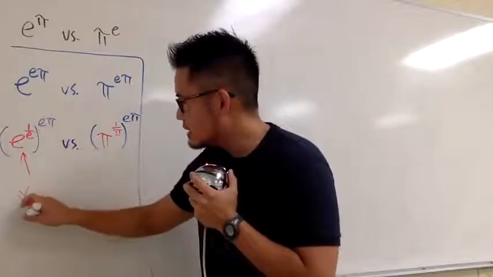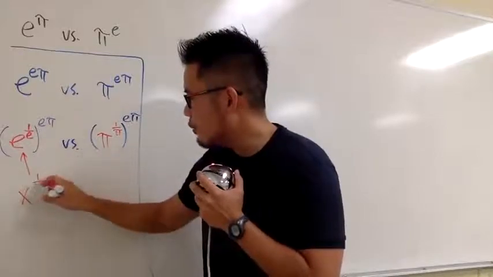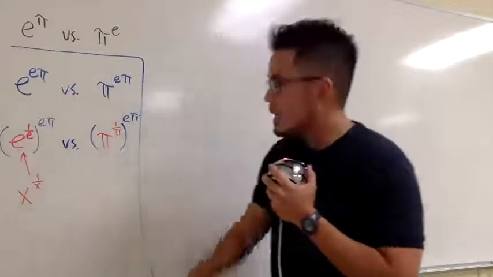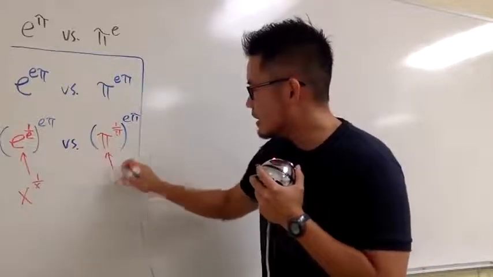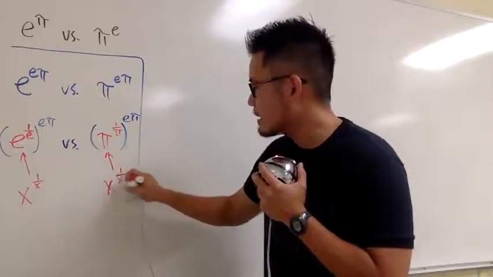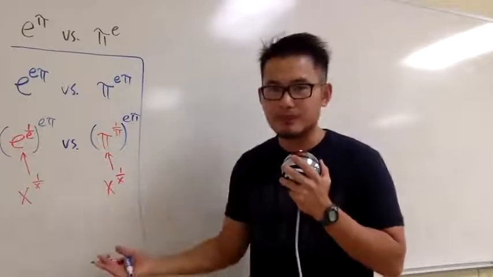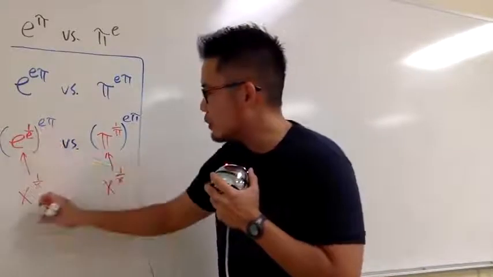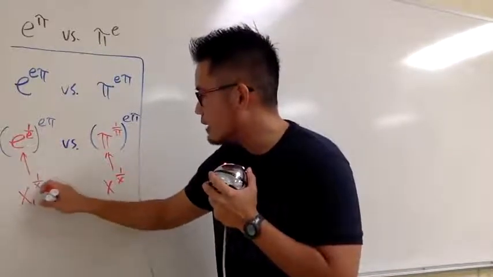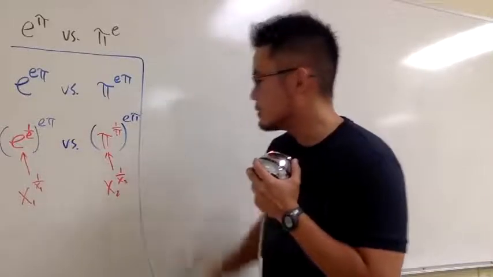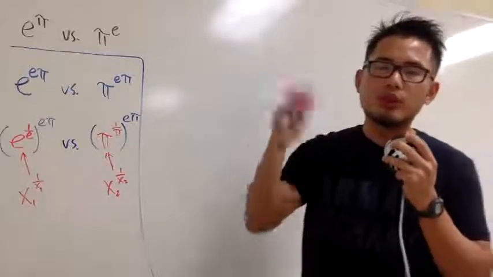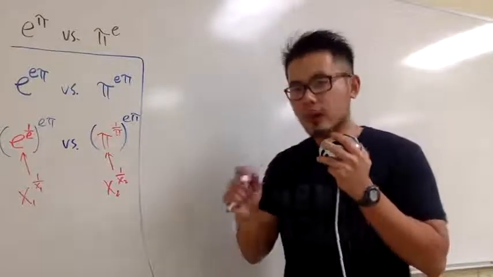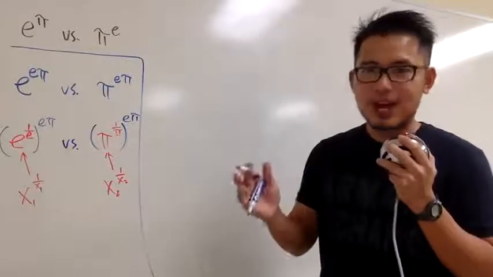Let's say x, and then right here is 1 over x for the power. They are in the same form. This right here can also be written as x to the 1 over x. They are on the same curve. Of course, there are different values, so I can label this as x1, x2. However, they are on the same curve, x to the 1 over x power. So that's how we're going to do it.